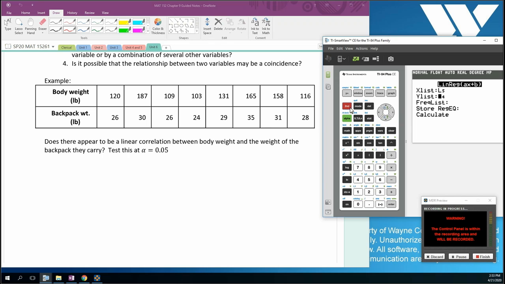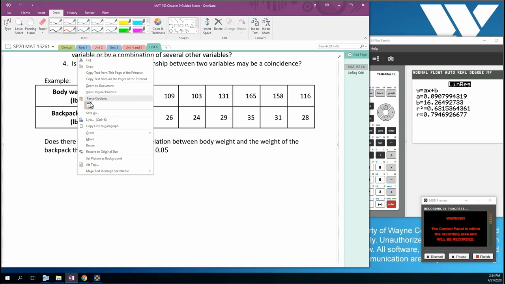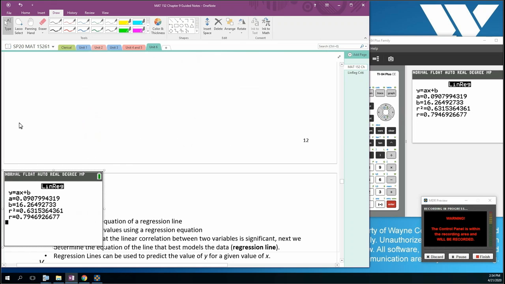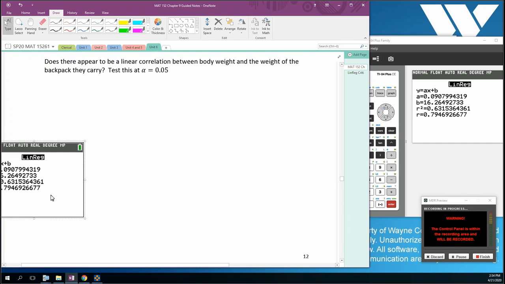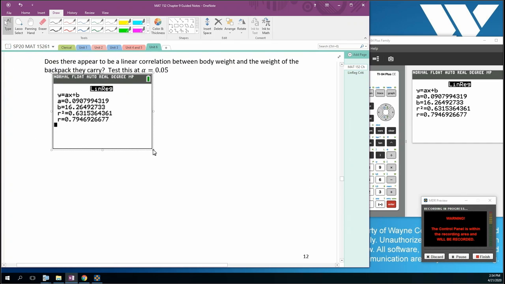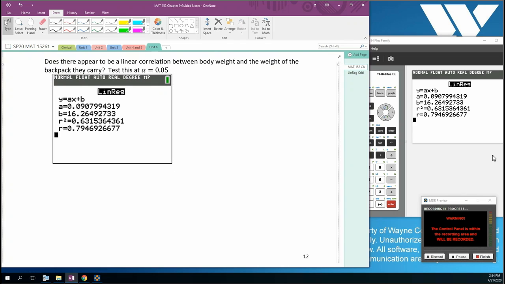So if we calculate that, and I go ahead and put that onto here, we think that there is a positive linear relationship here. Well, let's test that fact.